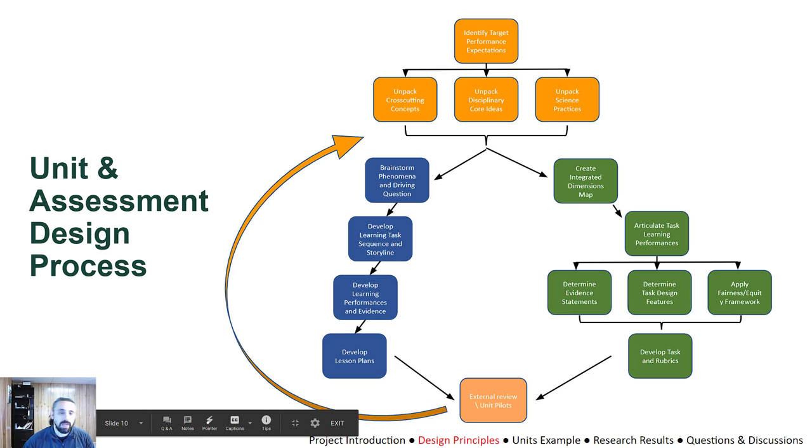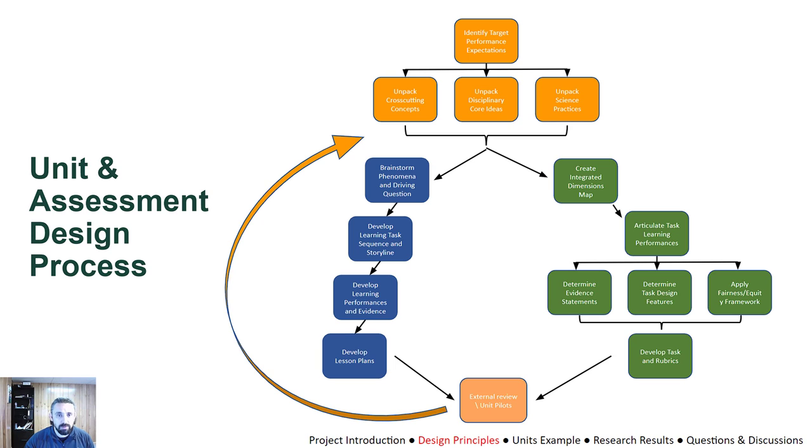That means that we can take an NGSS performance expectation, work in a very ordered, organized, research-backed method to slowly unpack it and build a task that's aligned to it, as well as a curriculum that aligns to it. And that is what guides us through this project.